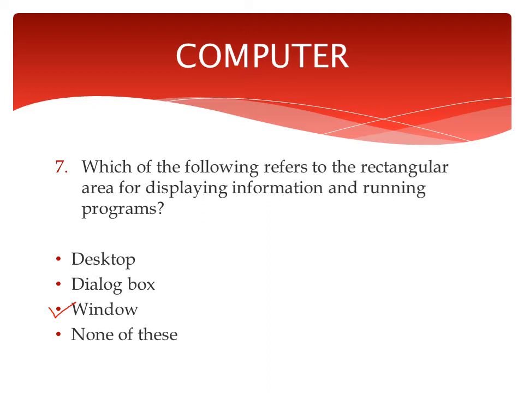Seventh question: which of the following refers to the rectangular area for displaying information and running programs? First, desktop; second, dialog box; third, window; fourth, none of these. Correct answer is window.